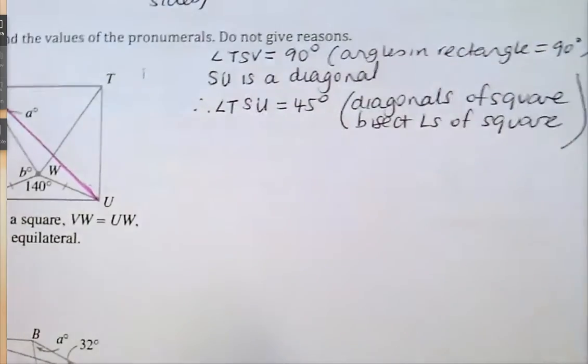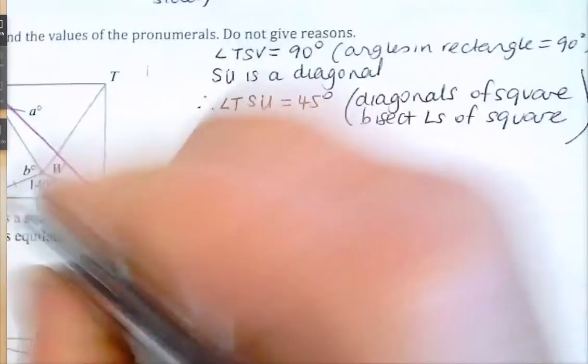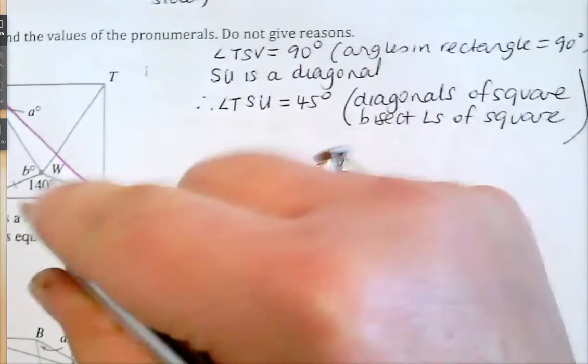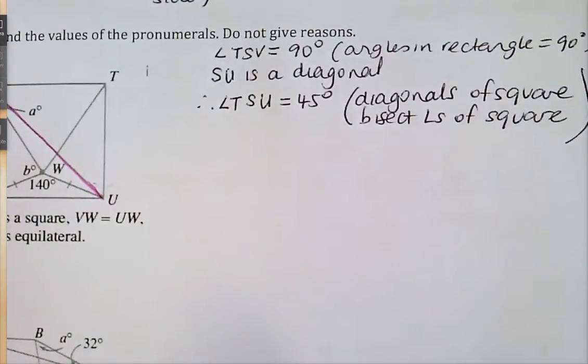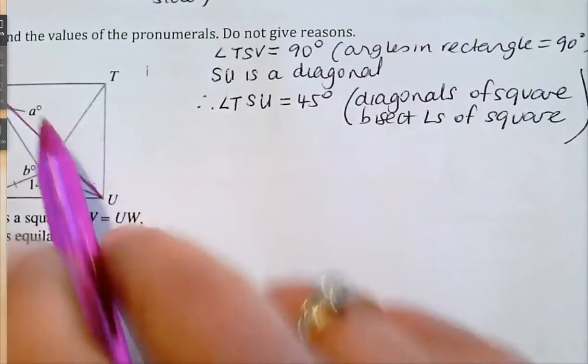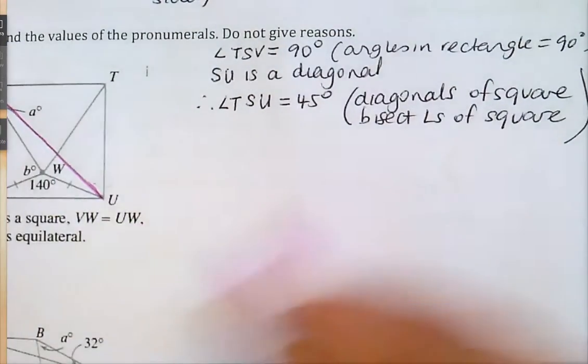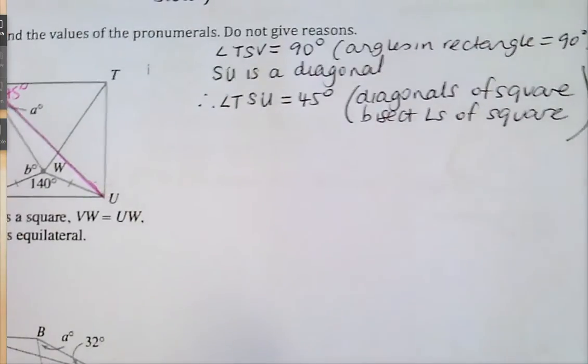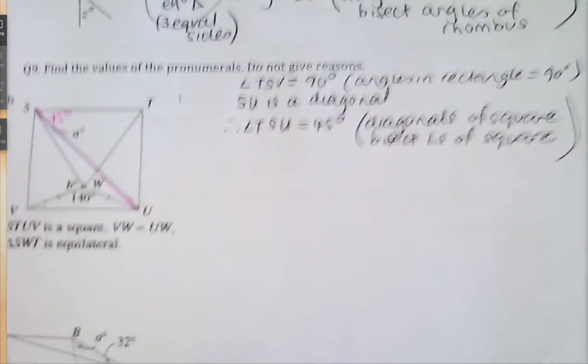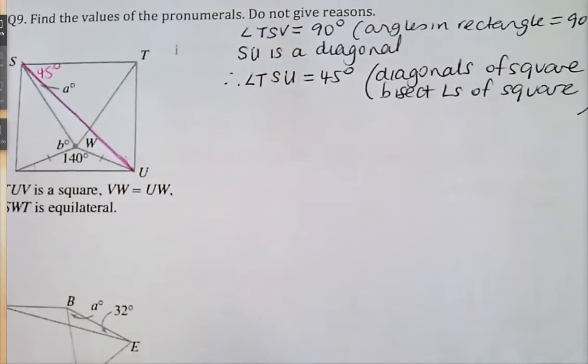I'm just going to put that angle TSV is 90, and we know that angle TSU is 45 because the diagonals of a square bisect the angles or the vertices of the square. So we're nearly there for A, okay?